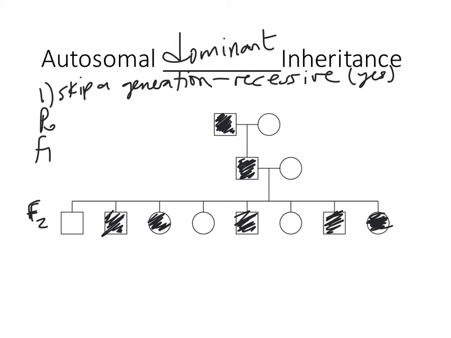So if this is a dominant trait, what are these F2 filled in symbols? What are their genotypes? What would I write in right there? The genotype of an affected individual, using pluses for wild type, minuses for mutations. What are the possible genotypes of that individual?